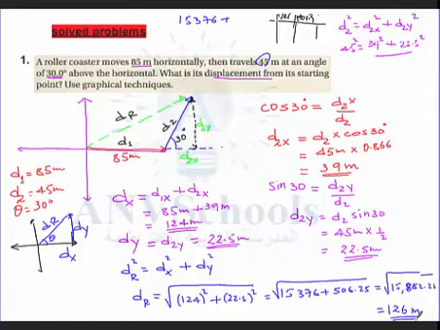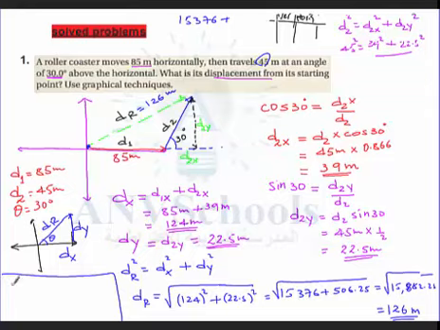It asks, what is the displacement from the starting point? This is our starting point. So this displacement is 126 meter. Because displacement is a vector physical quantity, we have to use the tangent to find the angle that this resultant displacement makes with the positive x-axis.